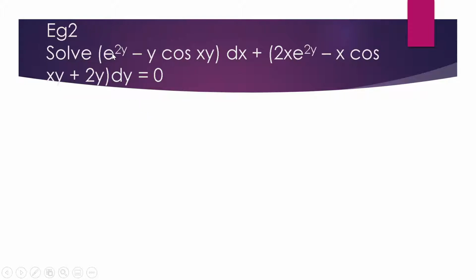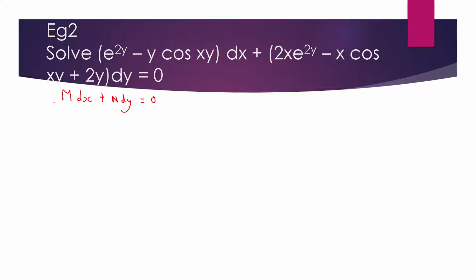Solve e^(2y) minus y cos xy dx plus (2x e^(2y) minus x cos xy plus 2y) dy equal to 0. So we notice it is in the form of M dx plus N dy equal to 0.